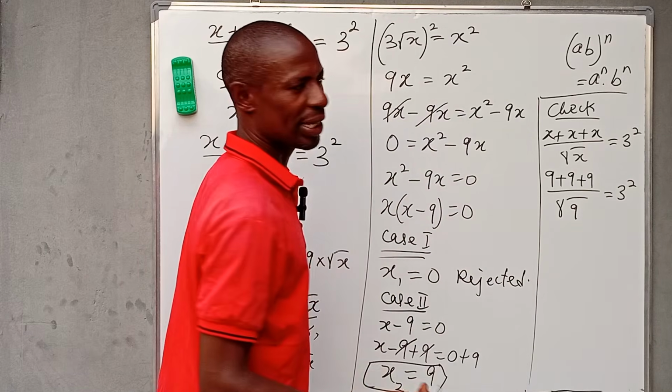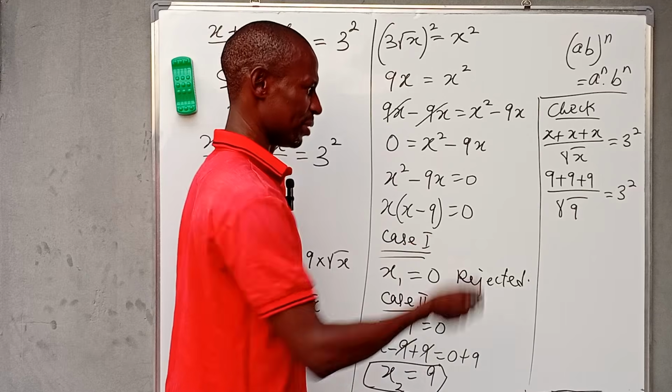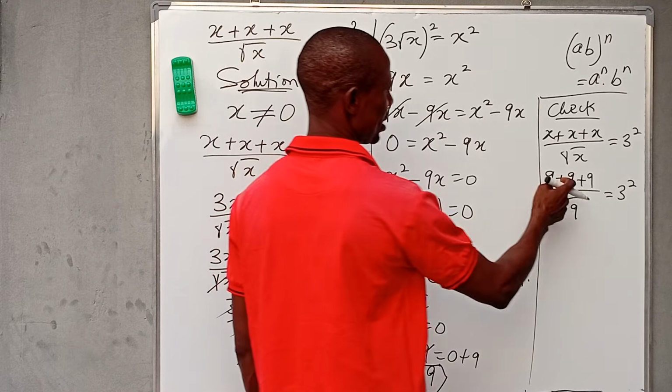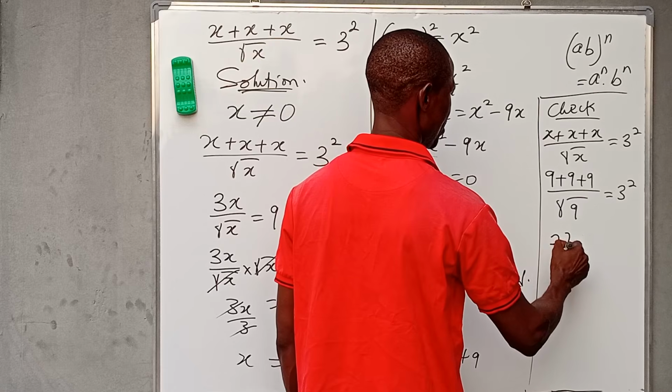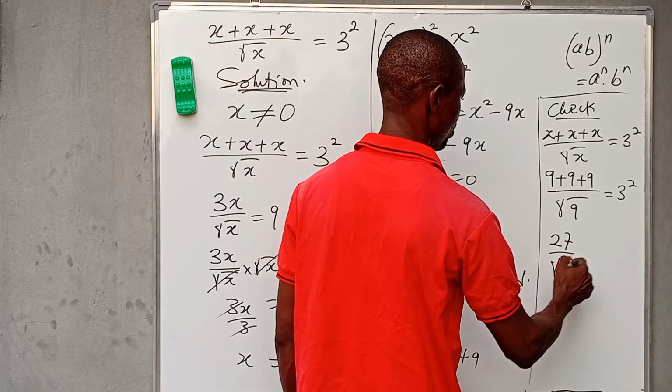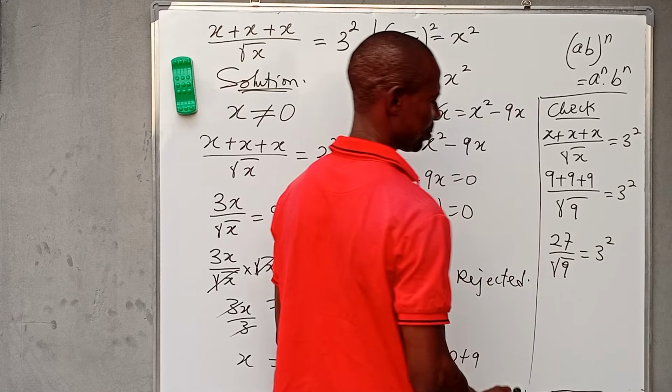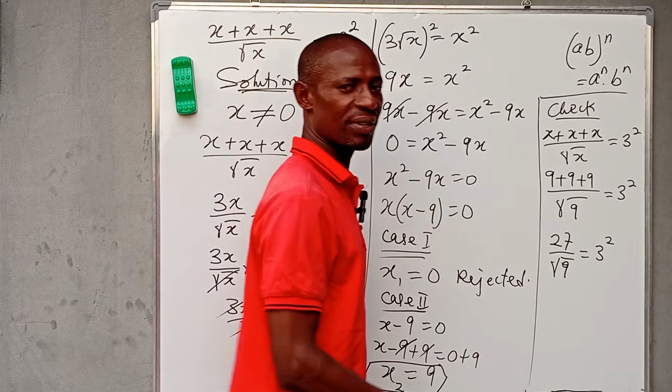Of course, we can add 9 to 9 and to 9. So 9 plus 9 will give us 18. 18 plus 9 will give us 27 all over the square root of 9 equals 3 to the power of 2. The square root of 9 will give us 3, right?